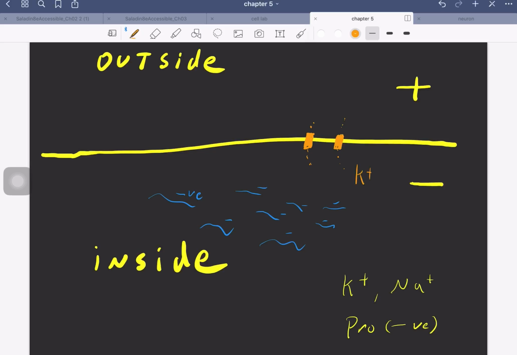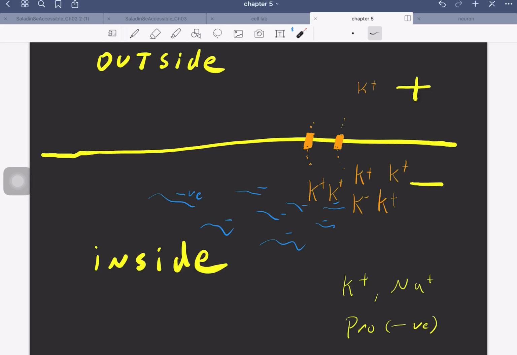Now, what types of things are driving potassium to either leave or enter? Well, think about it. If I have a lot of potassium inside the cell, all right, let's draw a lot of potassiums inside the cell, and there's very few potassium on the outside, of course, there'll be a force that will try and drive some of the potassium out. And you can think of some of the forces that would do that.